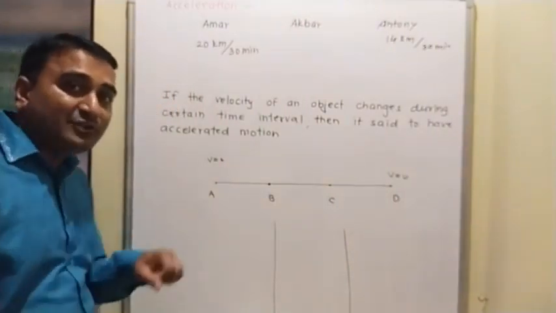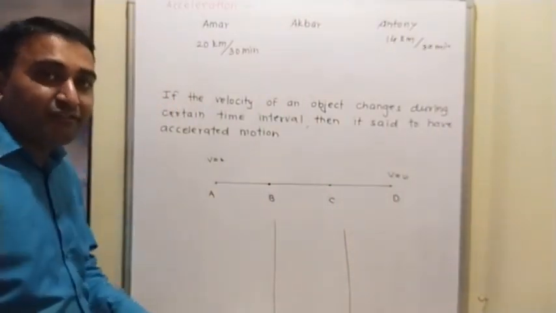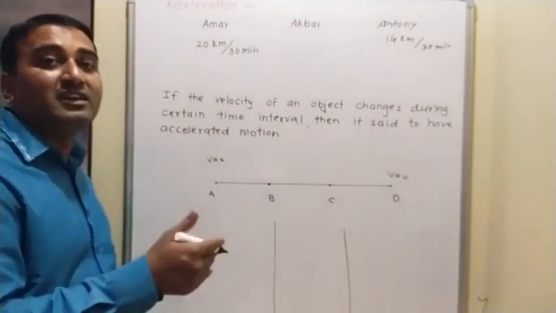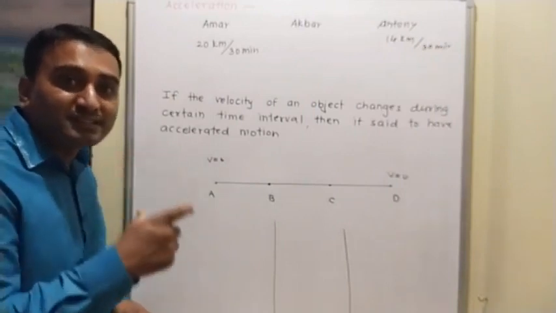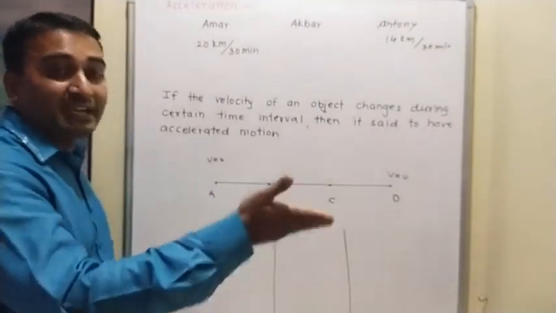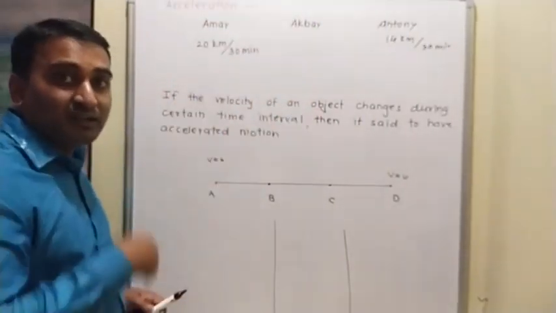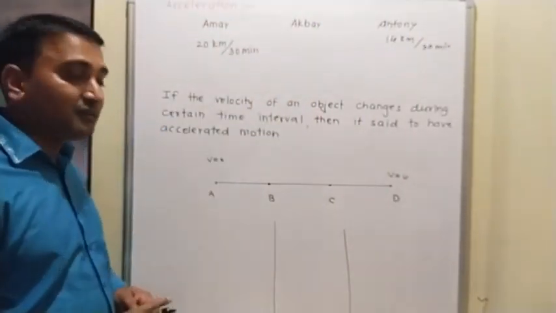Now what is going to happen? See, as you start paddling, definitely you will cover more distance in an equal interval of time. That means in the first second you will cover 1 meter, in the second you will cover 3 meters, then 5 meters, 8 meters, 10 meters, like this.